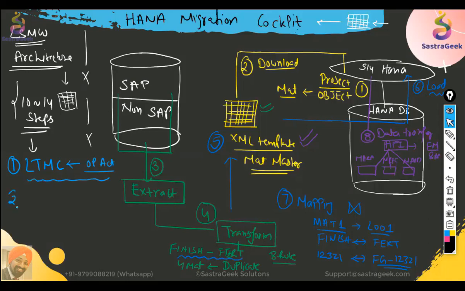Then there is a second transaction, which is called LTMOM. This LTMOM is the HANA migration data modeler.